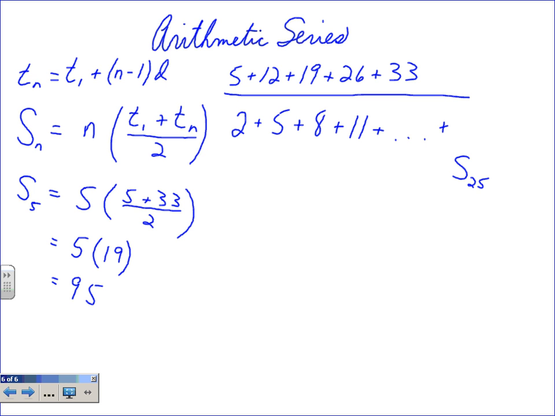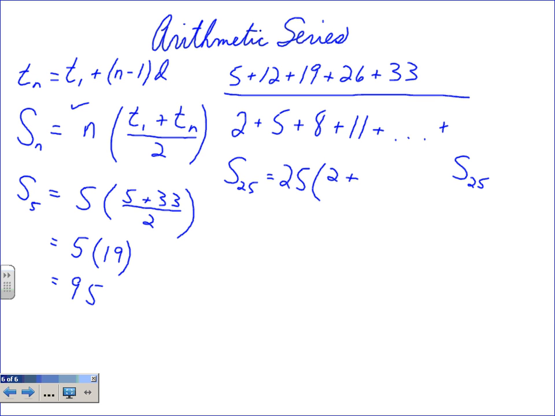All right. So, the sum of the first 25 equals, I'm going to use my sum formula here, n, 25 times the first term, which is 2, plus the 25th term.